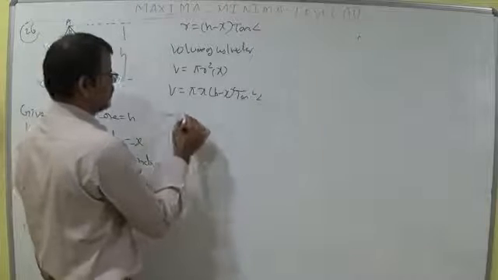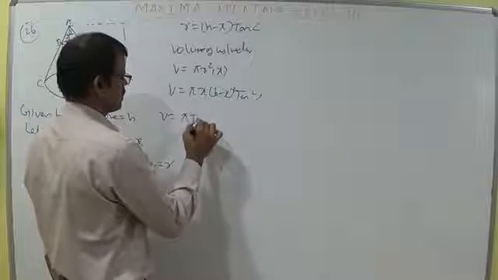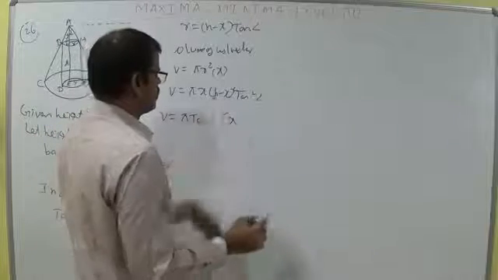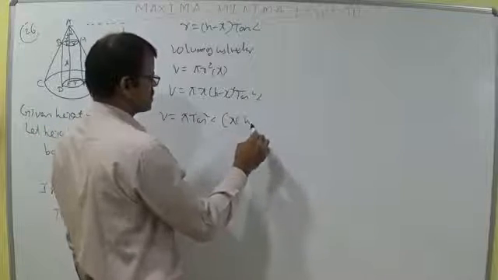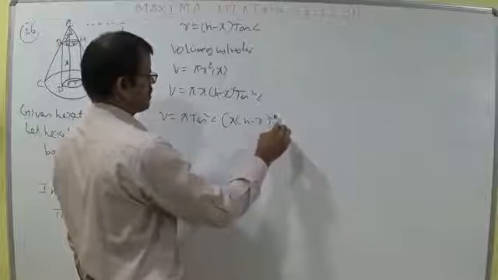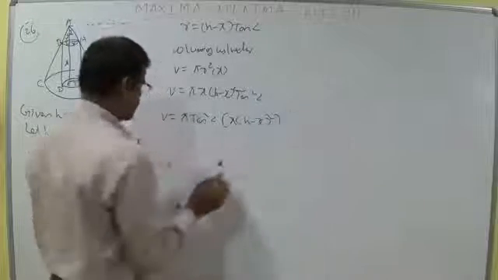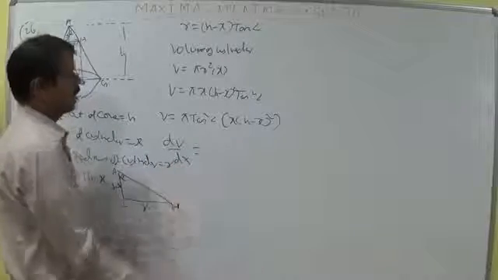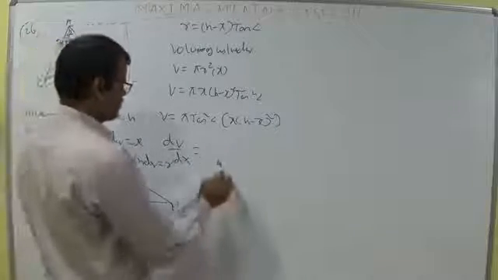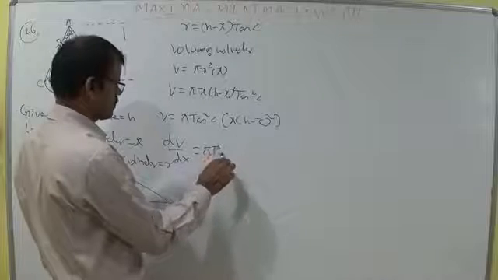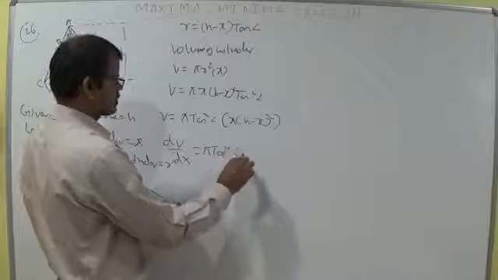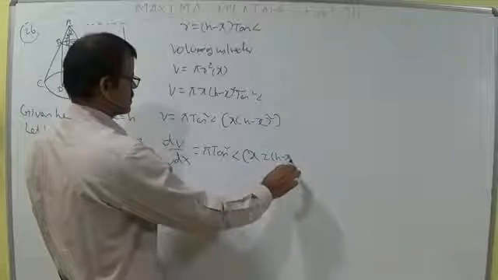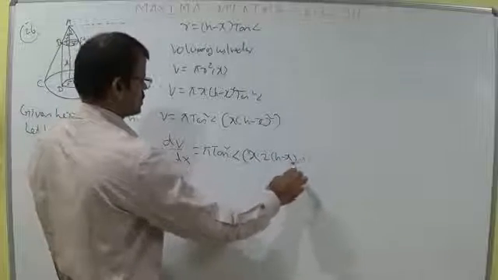Now you should calculate dV by dx. Whether the volume of the cylinder is minimum or maximum, dV by dx is equal to 0. Here pi tan square alpha into, this is the UV method, UV dash plus VU dash: x into 2 into (h minus x) into the internal derivative minus 1, plus (h minus x) whole square into 1, is equal to 0.